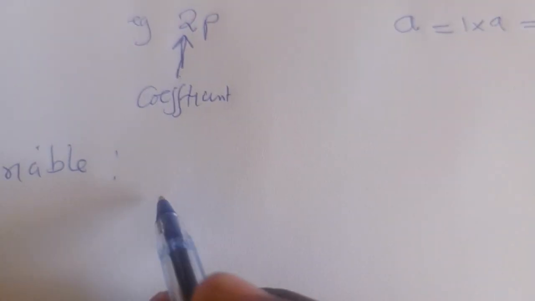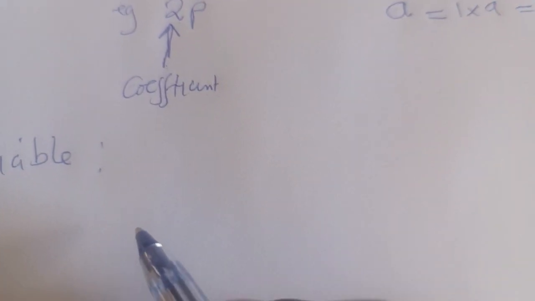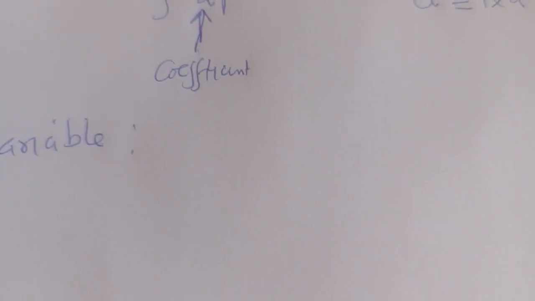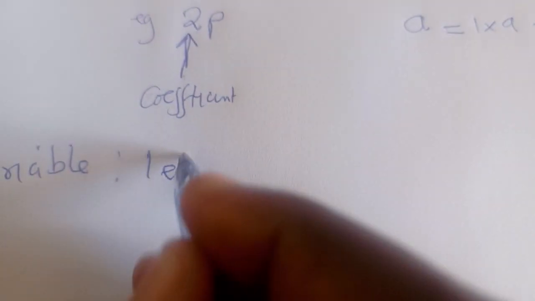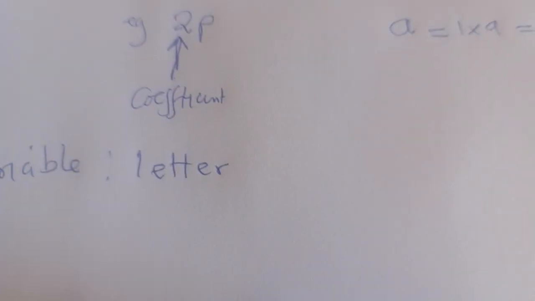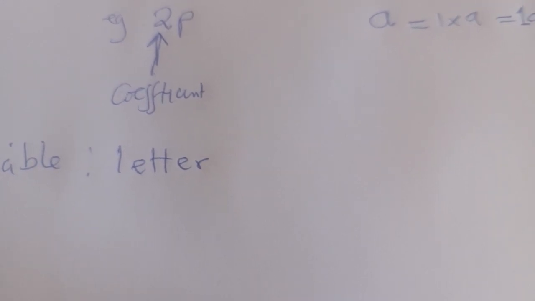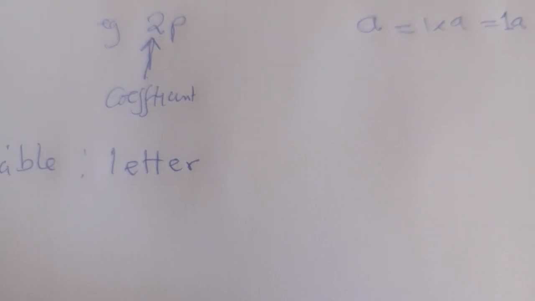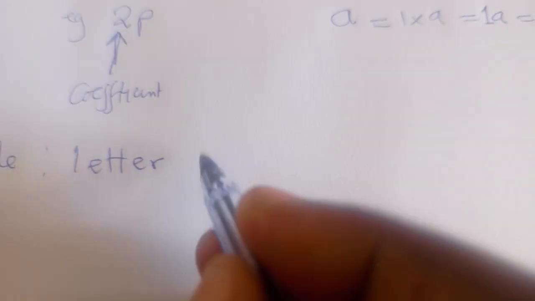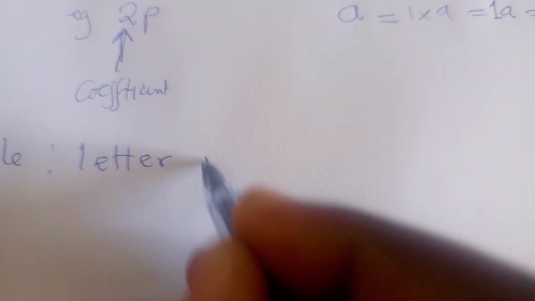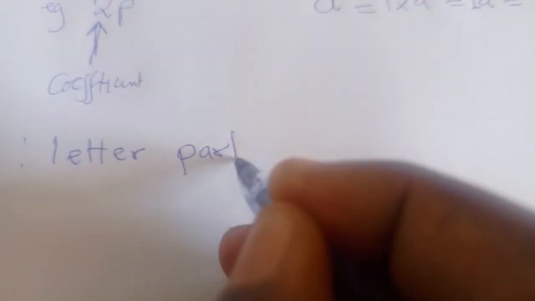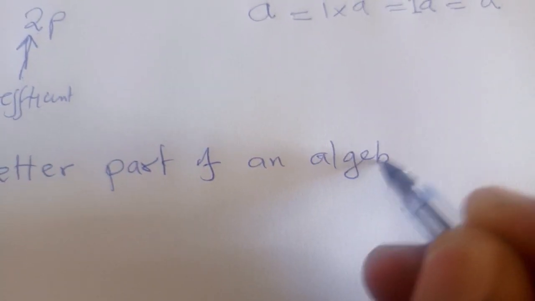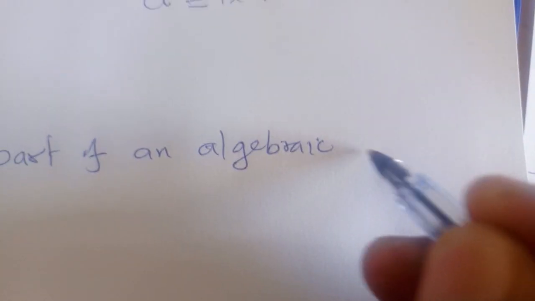So in algebra, we said algebra is the branch of mathematics that deals with the representation of items using letters. Remember we've talked of coefficient being the constant part or the real number part, but the part of the algebraic expression or term that has a letter is what we are referring to as the variable of an algebraic expression.